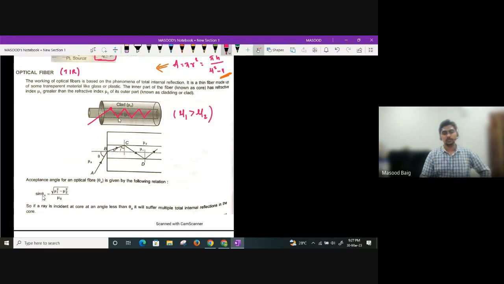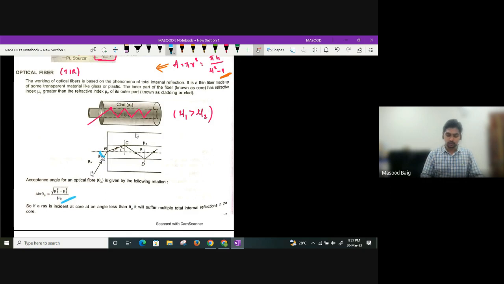So there is something called the acceptance angle, which they usually give, guys. What is the acceptance angle? It is the angle of incidence for which the light will stay inside the optical fiber only. It should not go to the cladding again. The maximum angle of incidence is called your acceptance angle, and it is given as sine inverse of under root mu1 square minus mu2 square divided by mu naught.